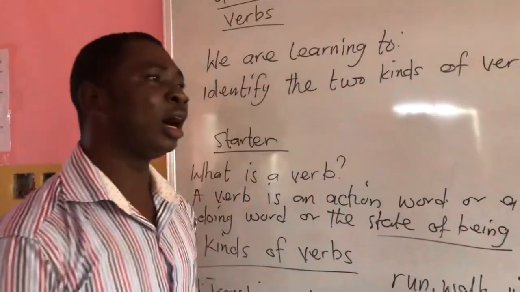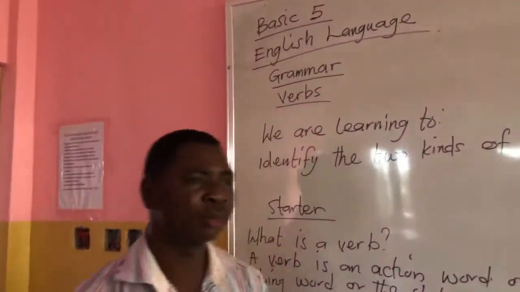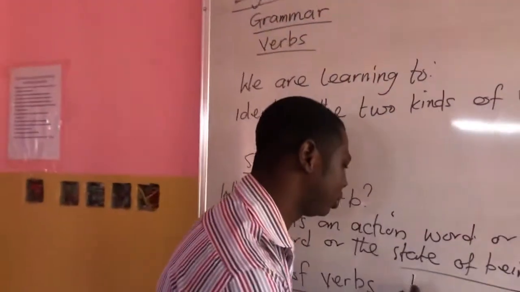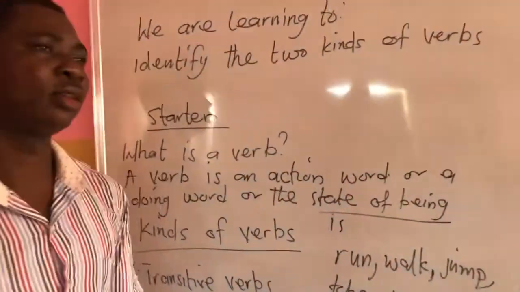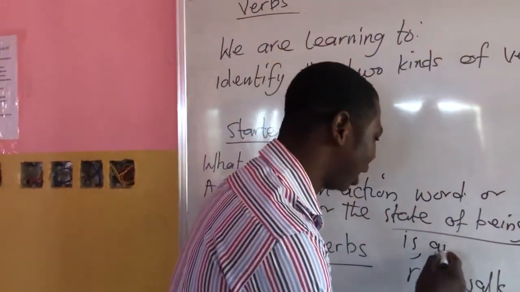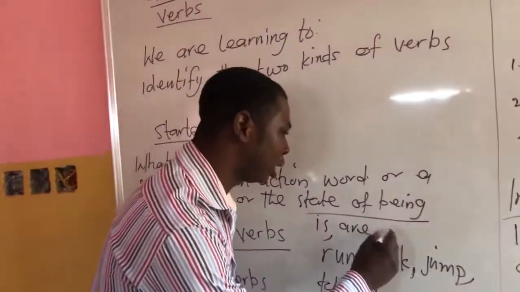being, those are the words we use as helping verbs. Example: is, another one, are. And don't forget to bring this one, am.